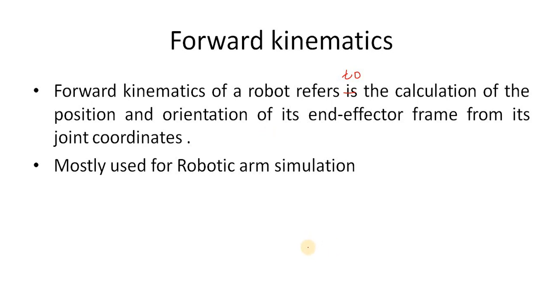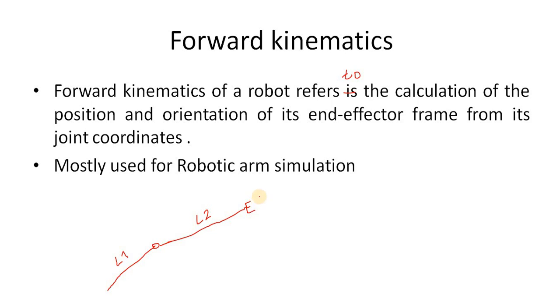So if we consider a robotic manipulator, we can represent it using some links here. So this is a 2-link robotic manipulator, let's say, and this is link 1 and this is link 2 here, and you have the end effector here, the gripper or something. Okay, so what is forward kinematics?